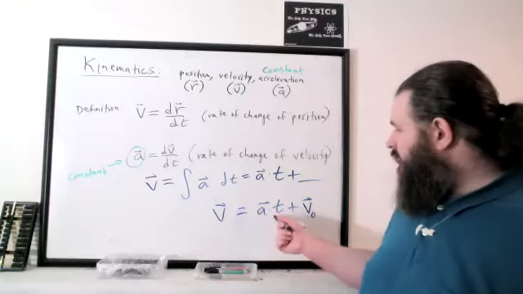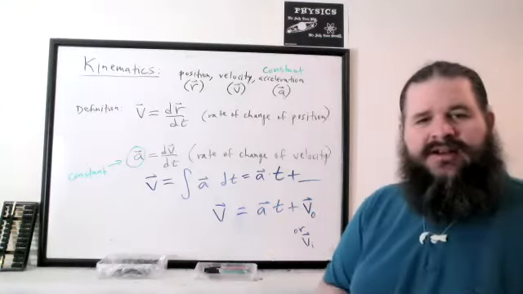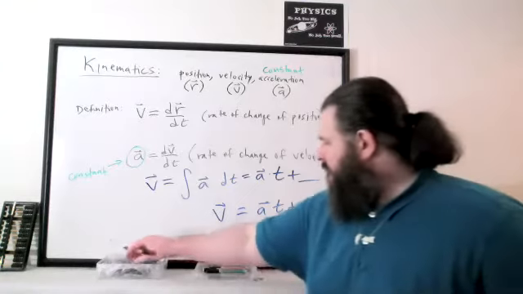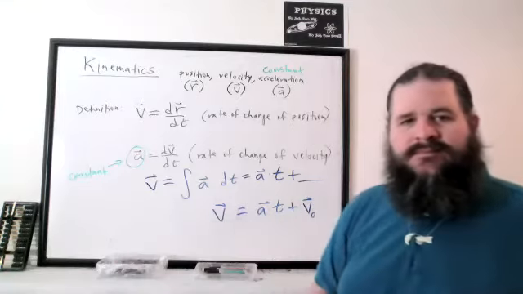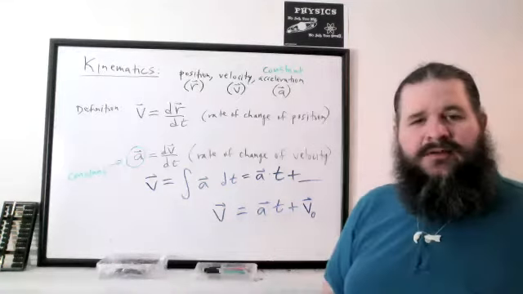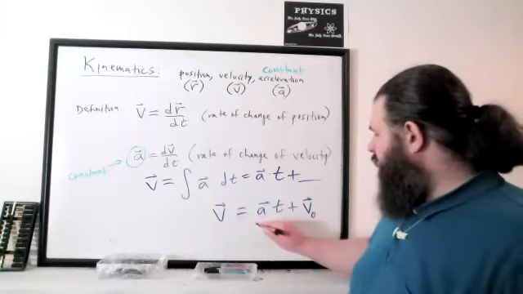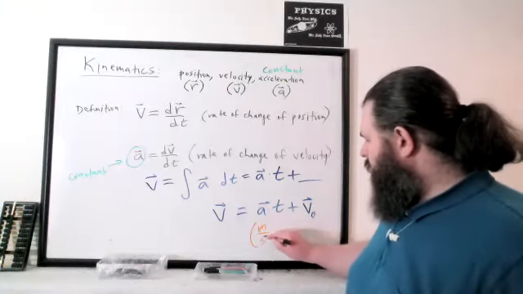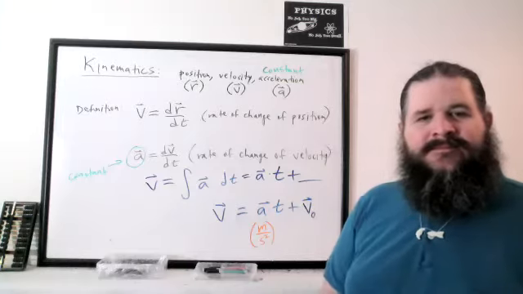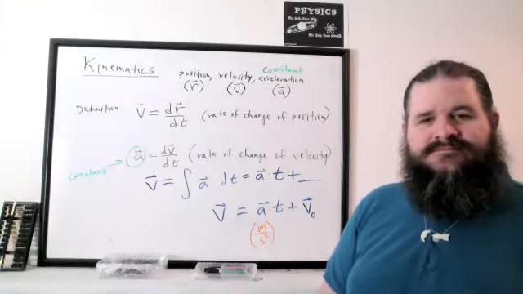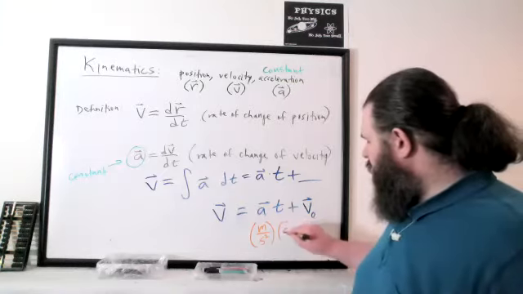In fact, if you look at this in terms of the units, what is acceleration typically measured in? What are the units of measurement for acceleration? Yeah, meters per second squared. And then time is measured in seconds.